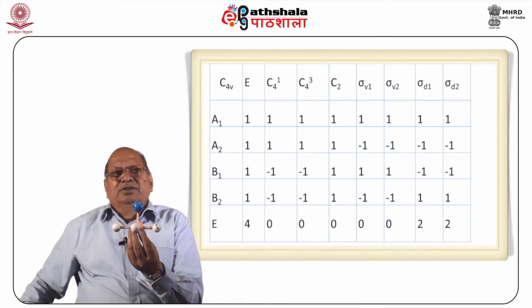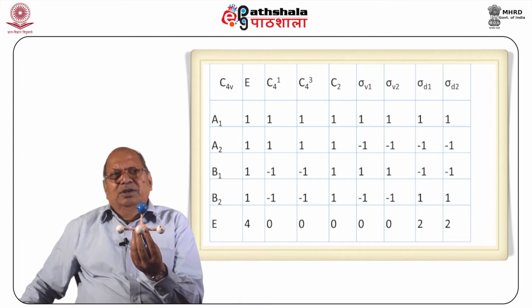The partial character table of the C4V point group is also given beside this. That is, I have in this character table A1, A2, B1, B2 and E. Total 5 irreducible representations are there, and we will see the effect of E, C41, C43, C2, sigma V1, sigma V2, sigma D1 and sigma D2.